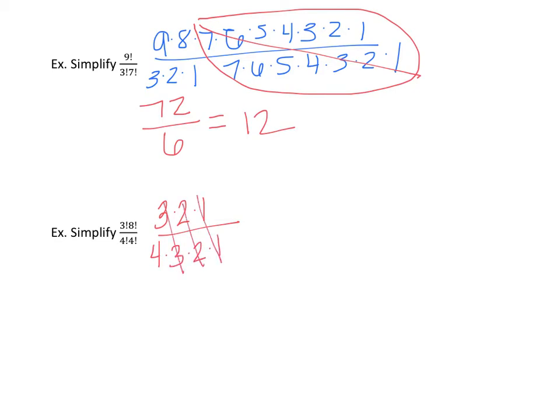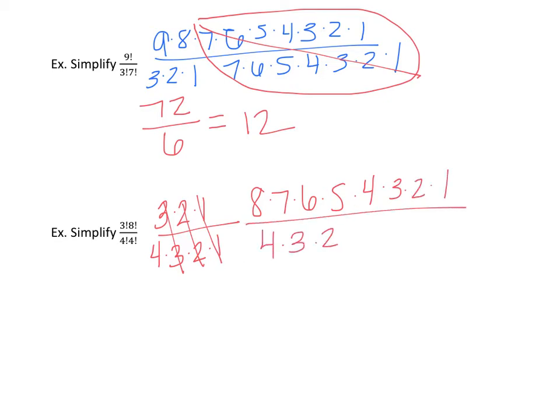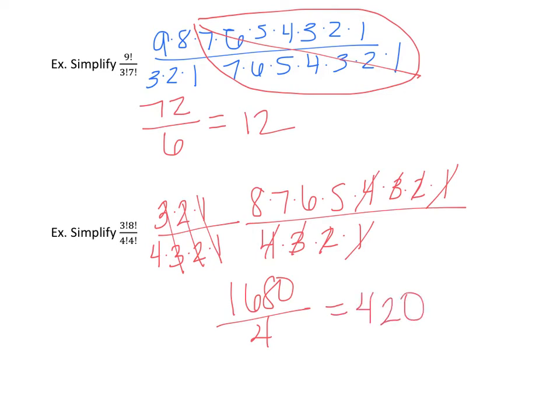So these are all going to cancel. 8 factorial, 8, 7, 6, 5, 4, 3, 2, 1 over 4, 3, 2, 1, 4, 3, 2, 1, 4, 3, 2, 1. 8 times 7 times 6 times 5 gives me 1,680 divided by 4 gives me 420.